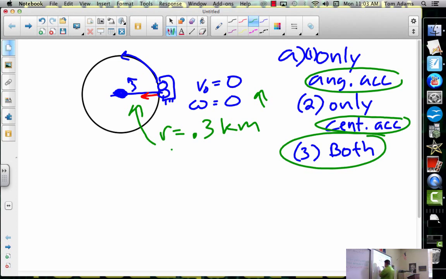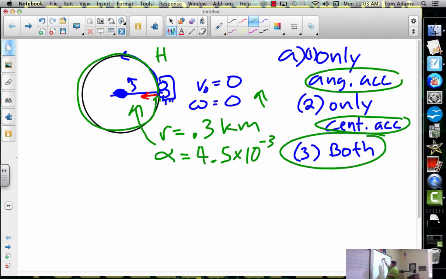So we're going to say that the angular acceleration is 4.5 times 10 to the negative 3. Okay? How long does it take the car to go around the track one time? So the question is, this is the radius, this is the angular acceleration. It starts from rest. How long does it take for this car to make one revolution?